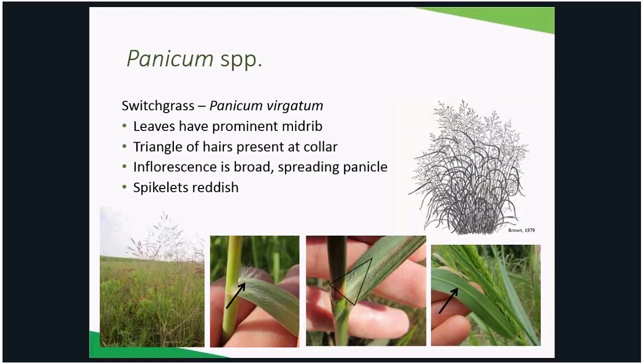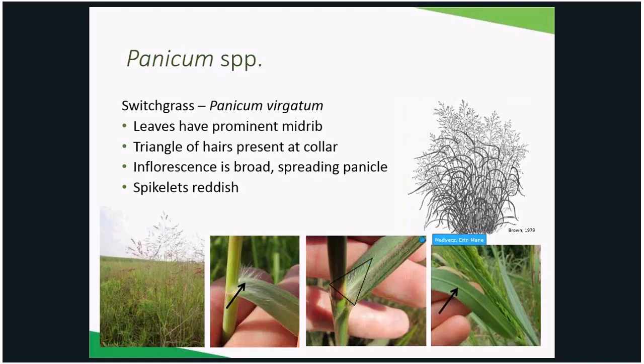But the easiest way to identify it, the characteristic that I look for, whether it's flowering, it has its inflorescence or not, is that it has hairs where the leaf blade joins the stem, and those hairs are arranged in a triangle pattern. And it's difficult to tell in pictures, but again, here you can see those hairs, and I tried to outline it here to show that there is a denser collection of hairs in the shape of a triangle.